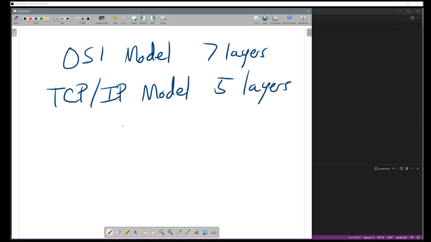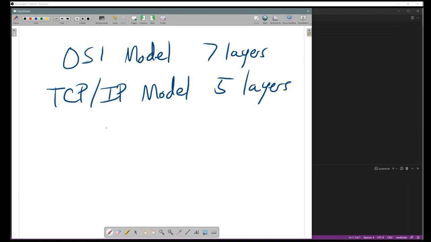In fact, the 5 layers that the TCP/IP model has are inside of the 7 layers that the OSI model has. So 2 of these layers essentially were not really used on an independent level, and then they essentially melded into what we call the application layer today.